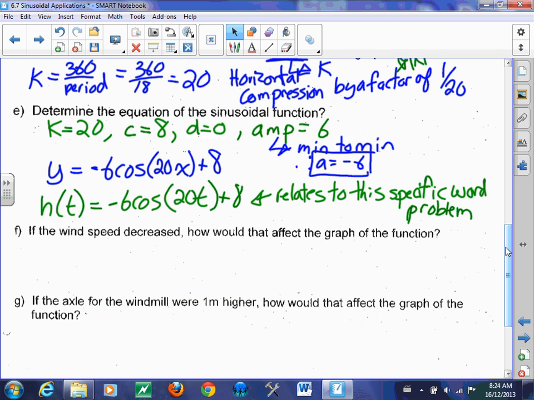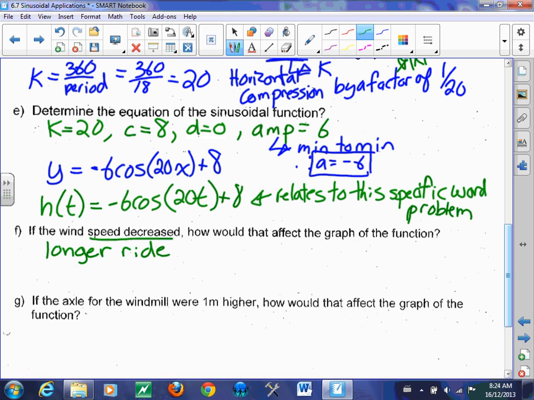Okay. F. If the wind speed decreased, how would that affect the graph of the function? Well, remember, if we decrease the speed, if it goes slower, it's going to take longer to do one revolution. So a longer ride, if you want to talk about it that way.